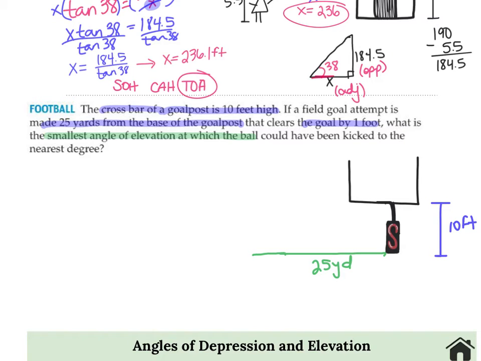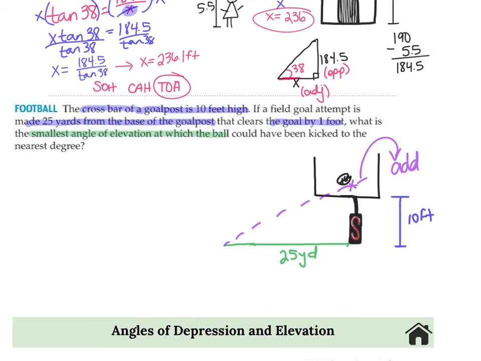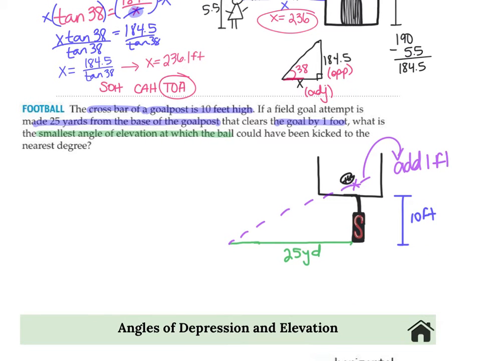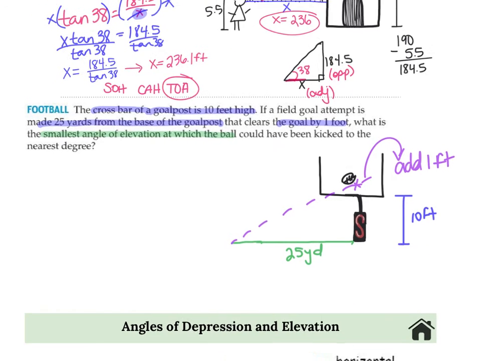And then we create this path by kicking our ball, and as we kick the ball, let's draw our little football here. We clear it by 1 foot. So a little star right here. We are going to add 1 foot because that's how much the ball clears the goalpost.